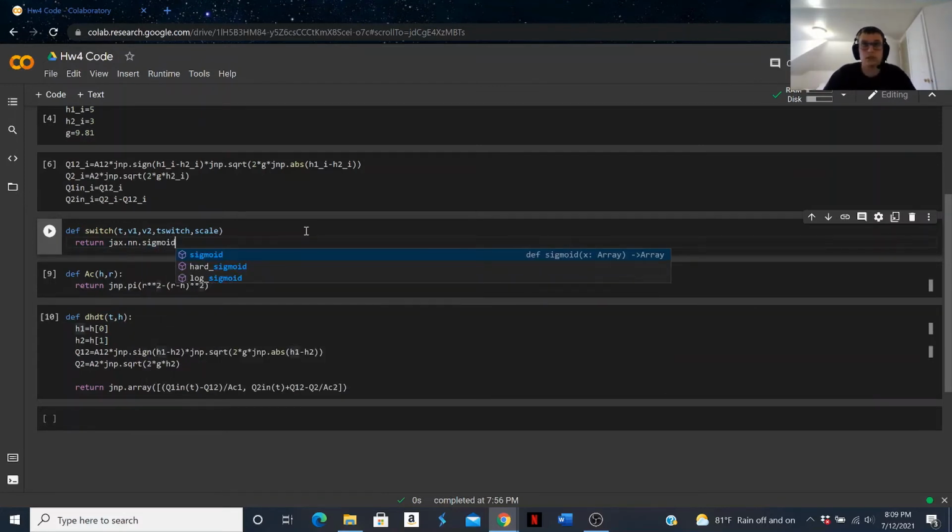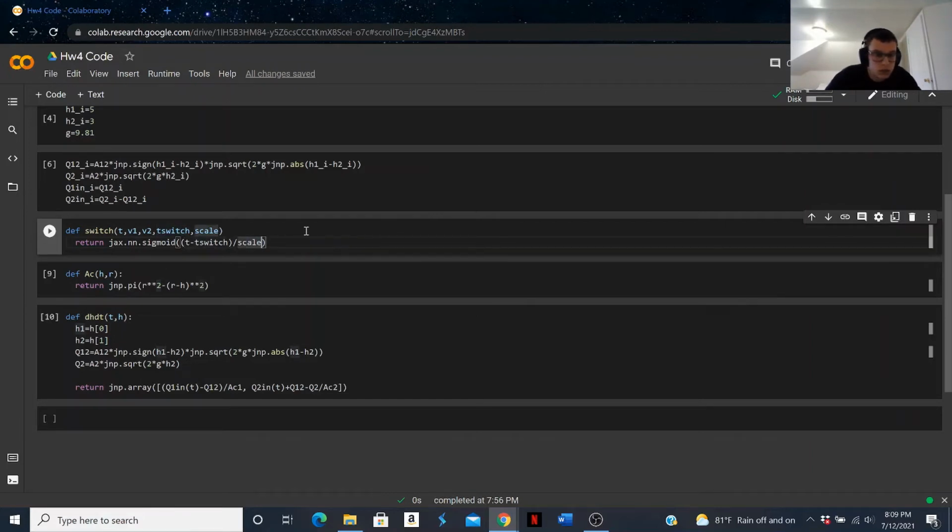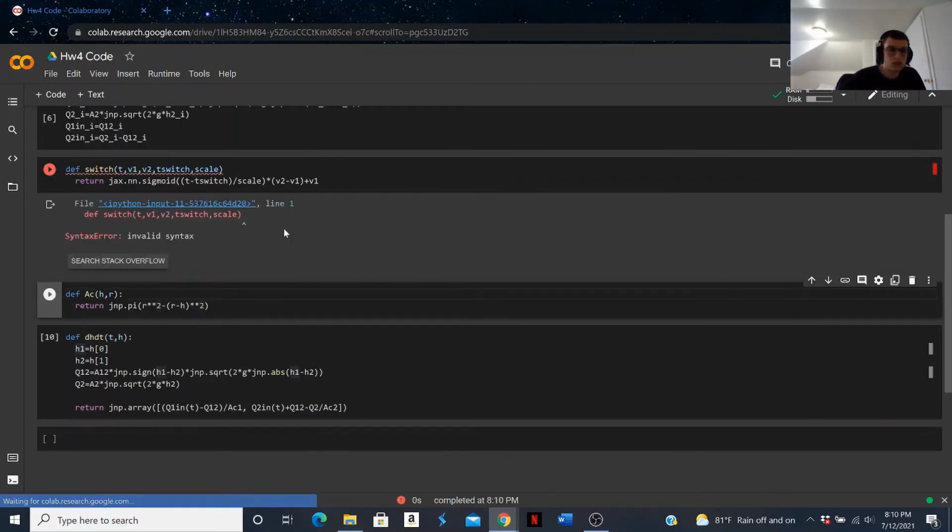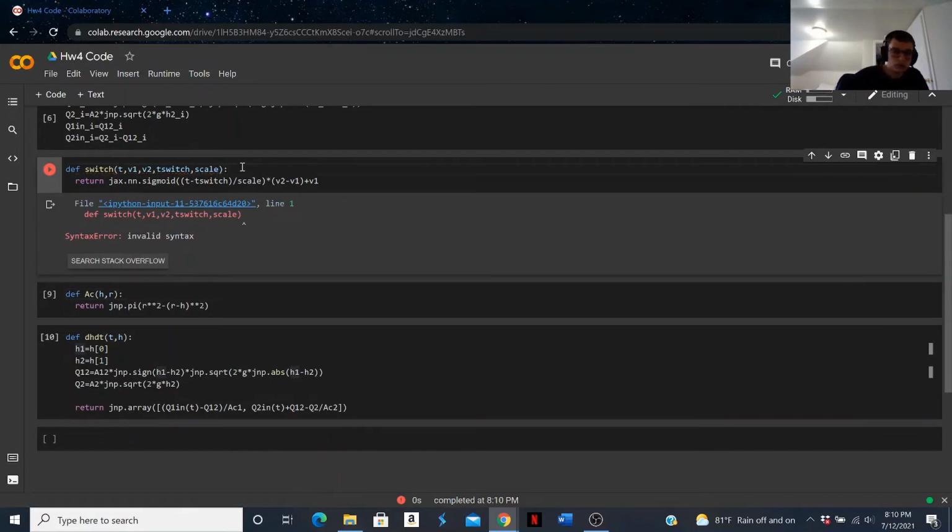So the JAX sigmoid function, and that is t minus t switch over the scale, times V2 minus V1, and then plus V1, and quick colon.